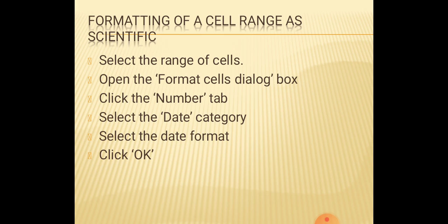Okay, next one is formatting a cell range as date. First you have to select the range of cells for which you are going to apply it, open the Format Cells dialog box, and select the Number tab. Then select the Date category, select the date format, and finally OK.